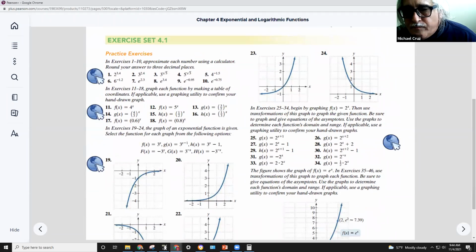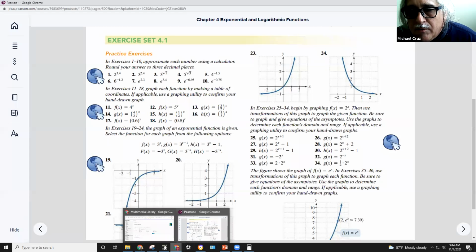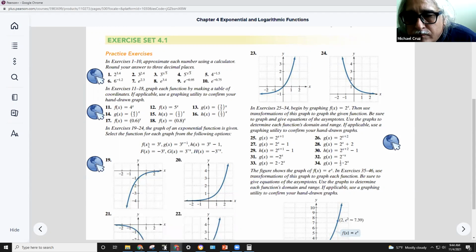So let's just do, let's see which one. See, all they're asking is just to select it, okay? So we've got 1 here, the basic one.